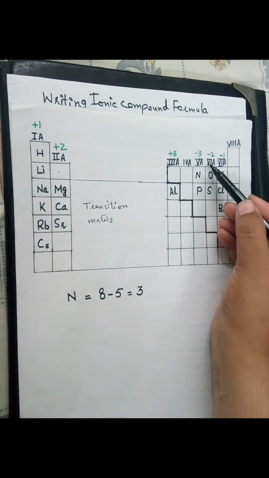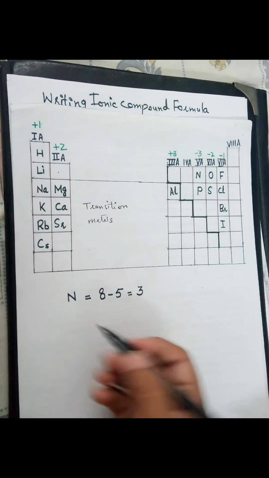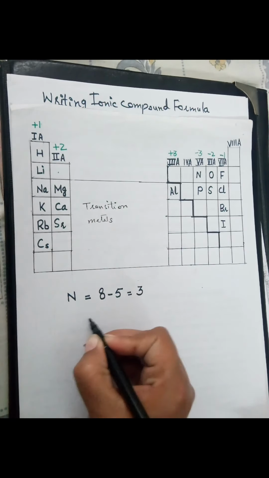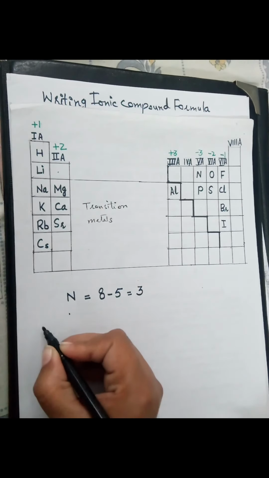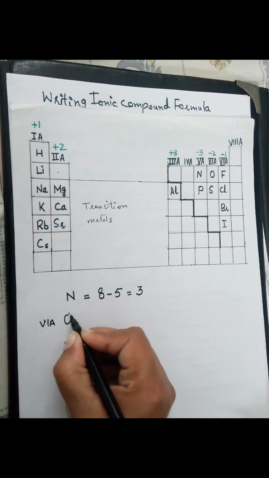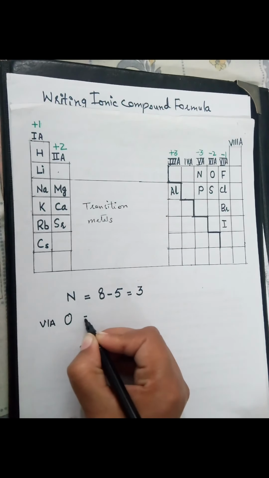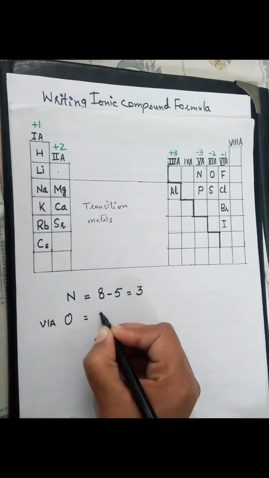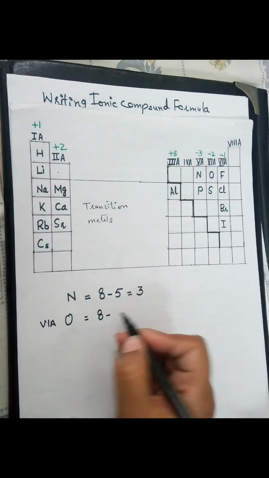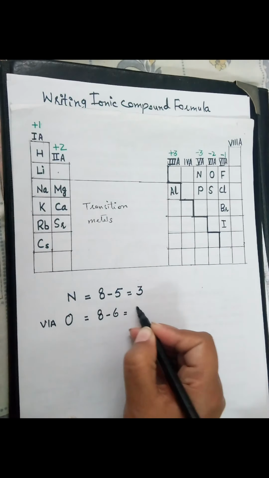Similarly, for the 6A, let's suppose I take oxygen. I subtract the number of the group from 8. The number of the group is 6, so it would be 2.